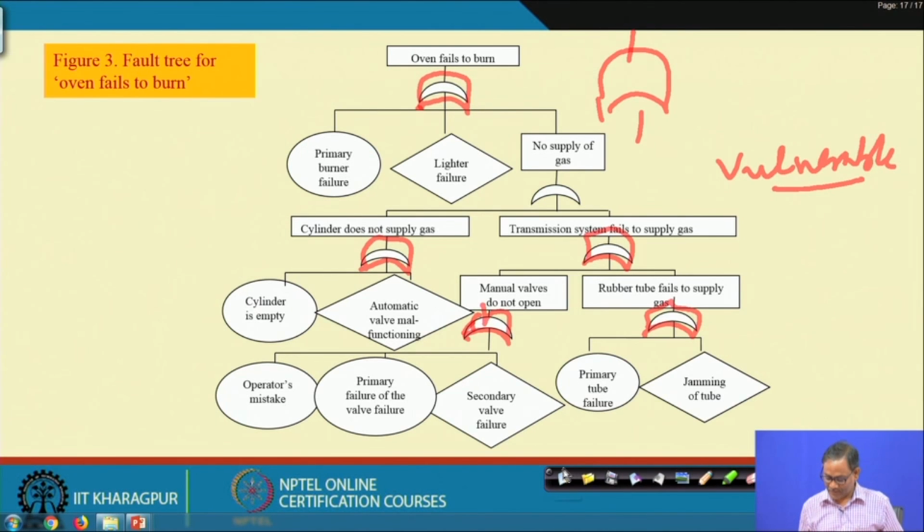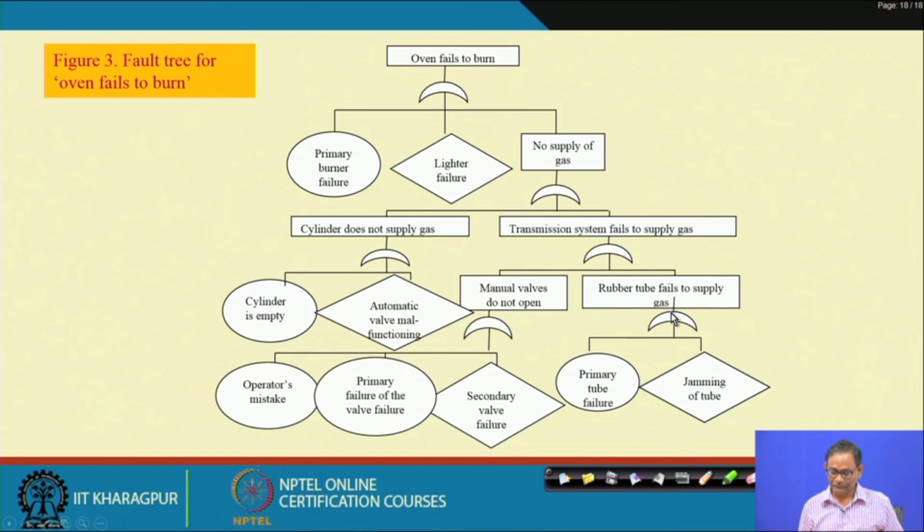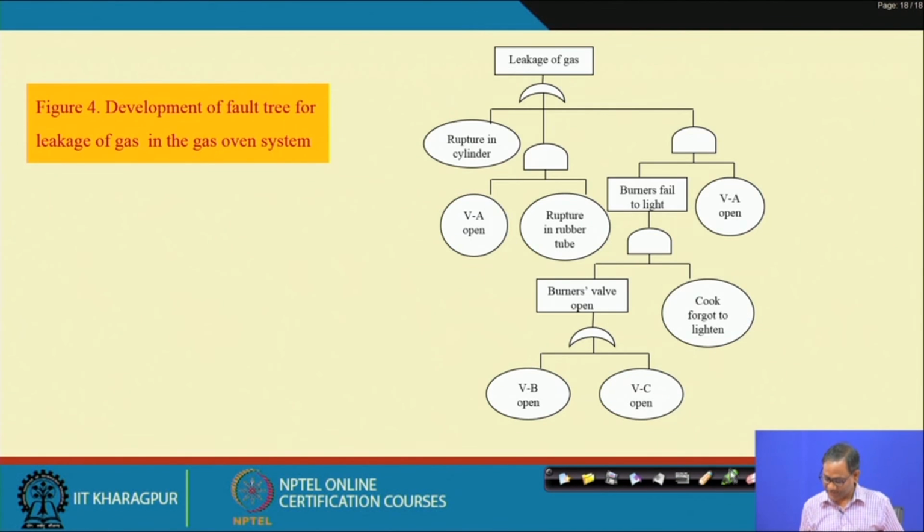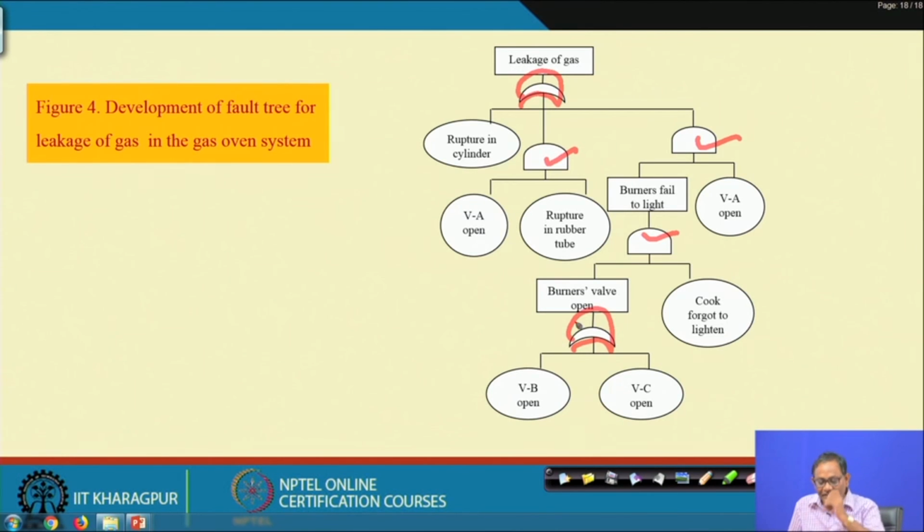Okay. So, I will show you another one, leakage of gas for the same kitchen system, oven system. So, this is my OR gate, cylinder rupture, then there is an AND gate, AND gate, AND gate, AND gate, another OR gate. So, when an AND gate is there, that means some kind of standby.